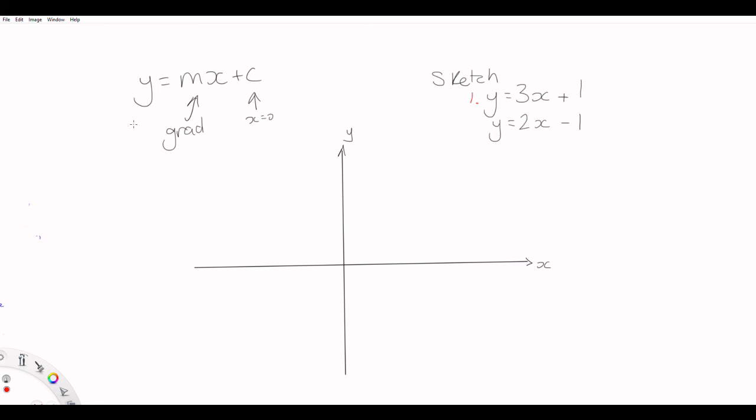Where is it going to cross the y-axis? The value is positive 1. Remember, you're using the sign as well. So we know it's going to cross the y-axis here at 1. And then we know this value is m, so the gradient is 3. So we can sketch a line.